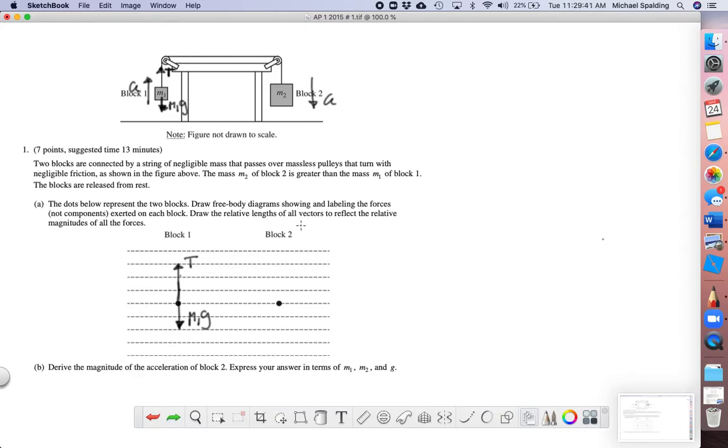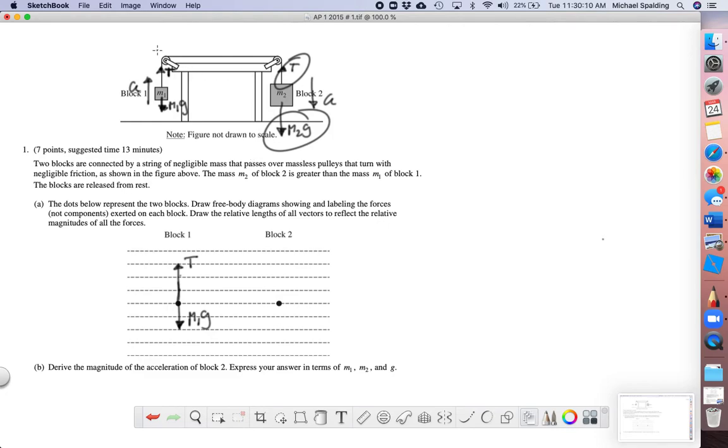Now, for block 2, in a similar way, we know the acceleration is going to be down. So the two forces on block 2 are tension and gravity. Gravity is going to have to be bigger, so that's M2G. In order for block 2 to have a downward acceleration, the downward force of gravity must be greater than the upward force of tension.